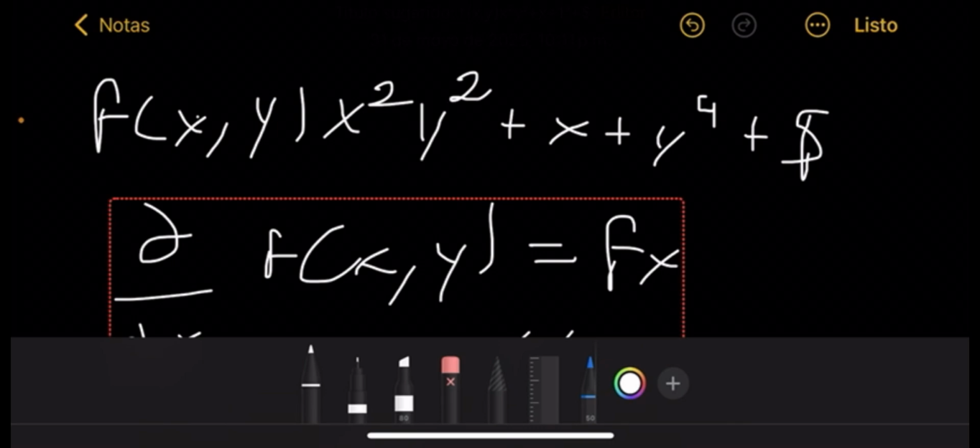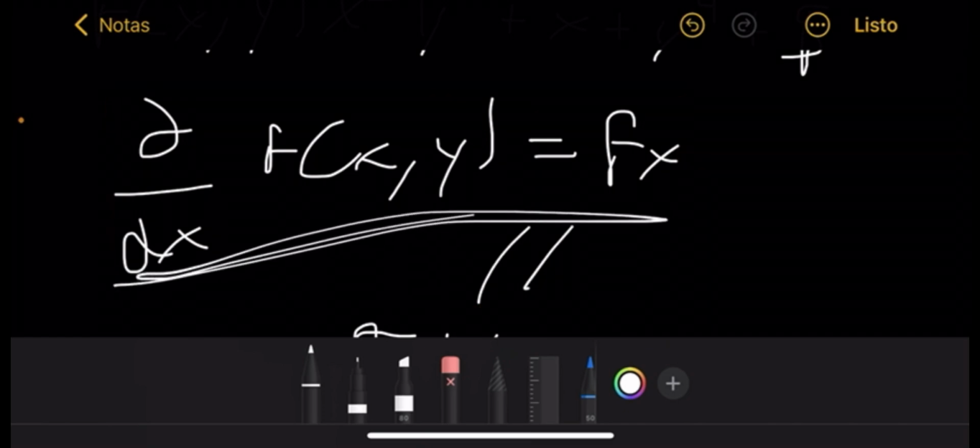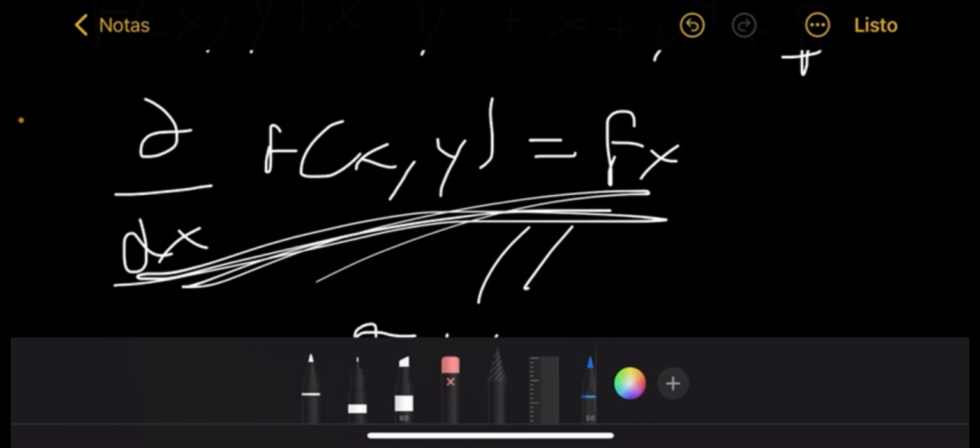When we do a partial derivative, we only derive with respect to one variable, and we treat the other variable as if it was a constant. When you use a partial derivative, you might see this notation over here. These things mean the same.